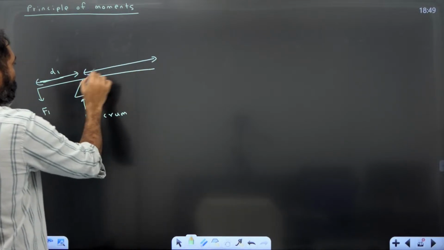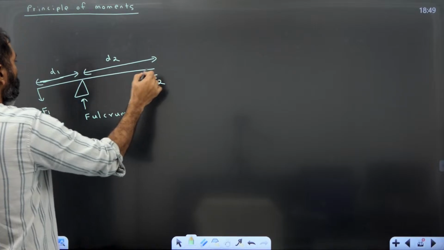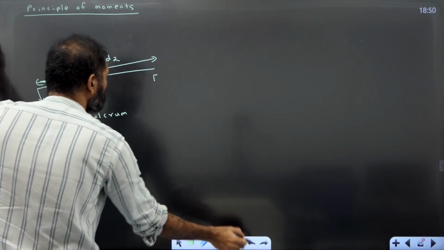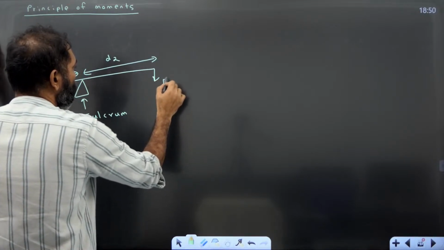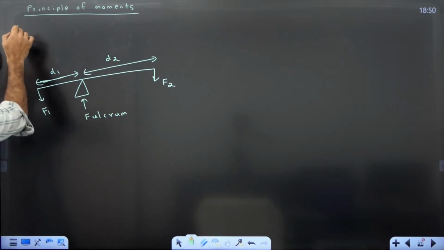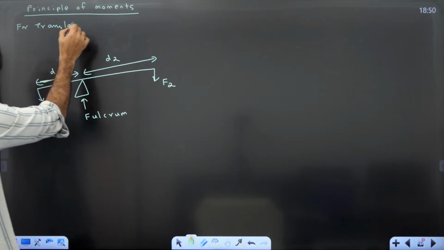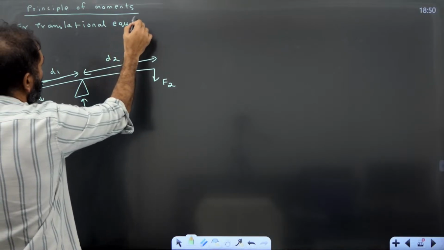Another force F2 is at a distance D2. For translational equilibrium.